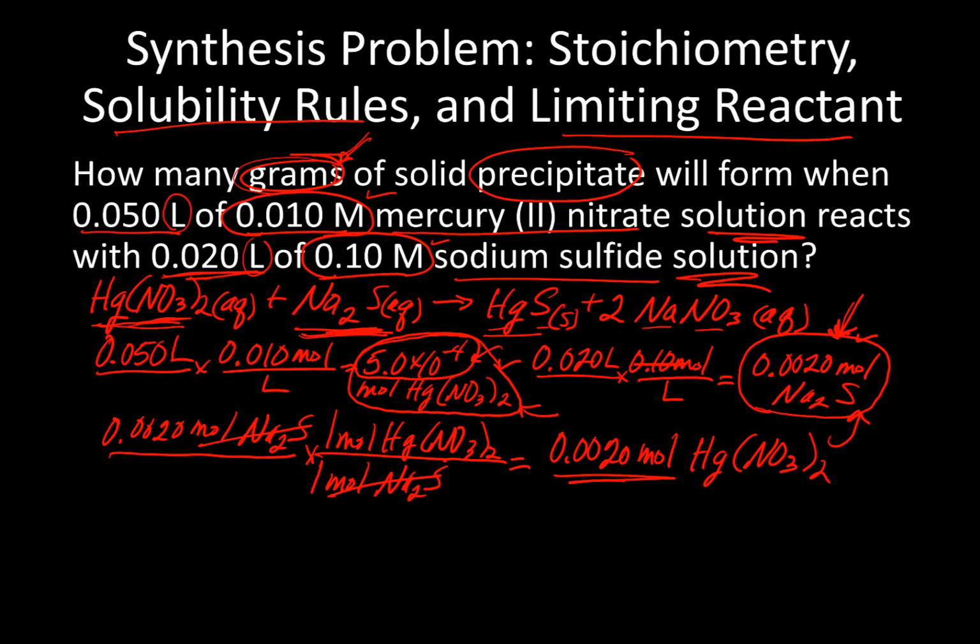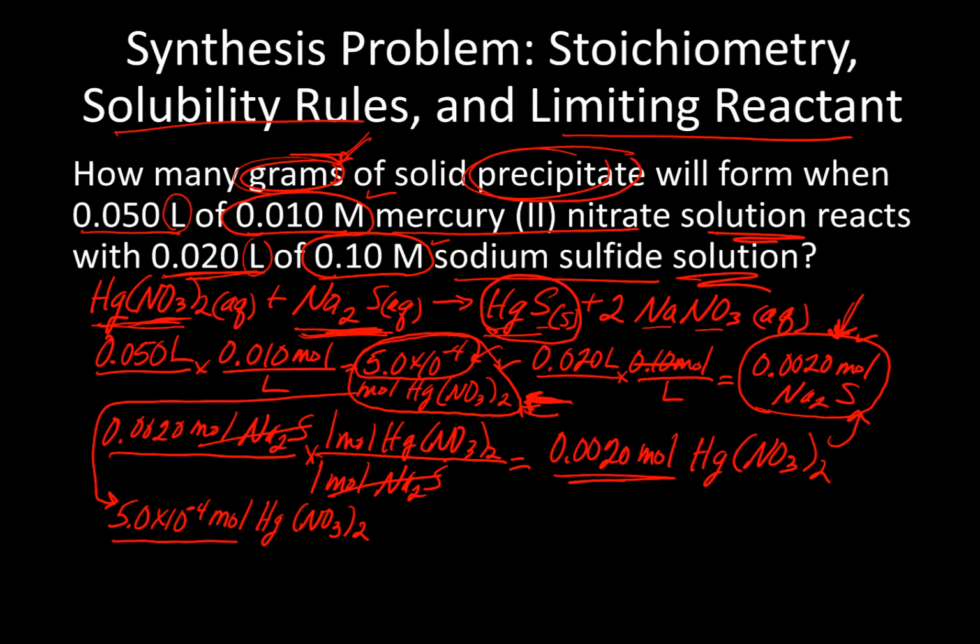So what I can now do is use this amount of my mercury nitrate to figure out how many grams of my solid precipitate, my mercury sulfide, form. So one more dimensional analysis here. I take that amount of mercury nitrate that I actually have, so I have 5.0 times 10 to the negative 4 moles of mercury nitrate, and I want to figure out how much of that mercury sulfide precipitate will form.